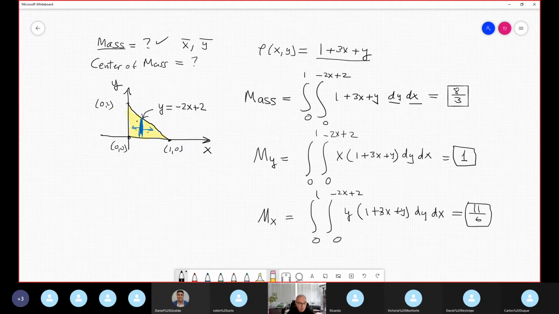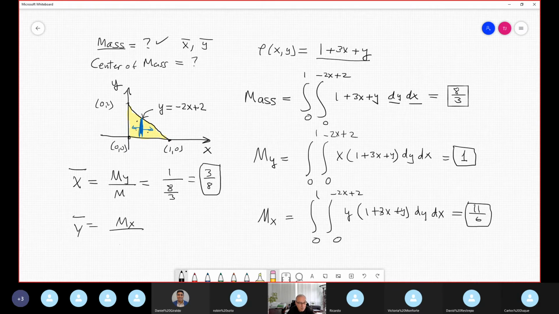Okay, finally, x hat is equal to my divided by m. It is 1 over a over 3, 3 over a, reciprocal. And y hat is x divided by m.